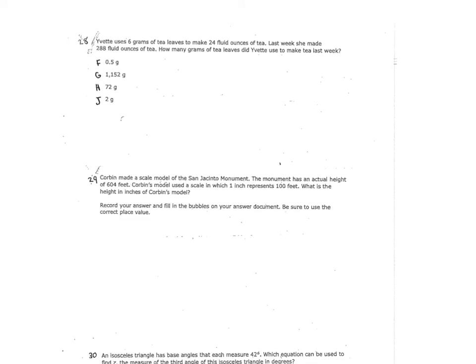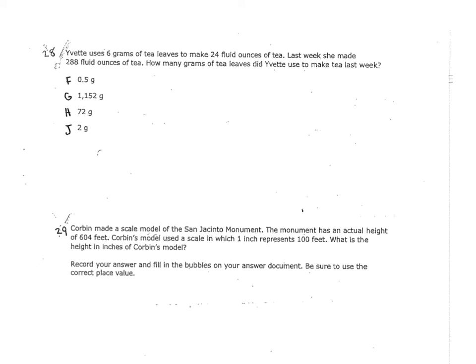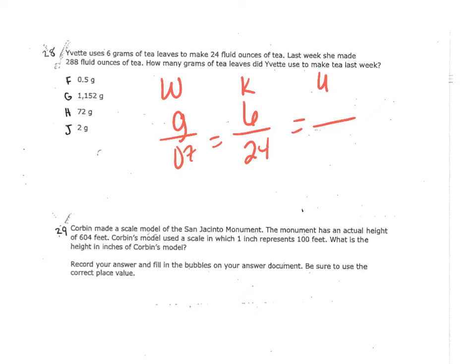And then 28. Yvette used 6 grams of tea leaves to make 24 fluid ounces of tea. Last week she made 288 fluid ounces of tea. How many grams? Well, it's a ratio. Okay, so we're talking about grams over ounces. So 6 made 24.